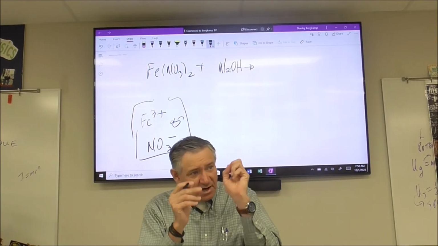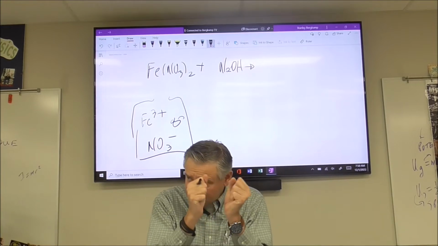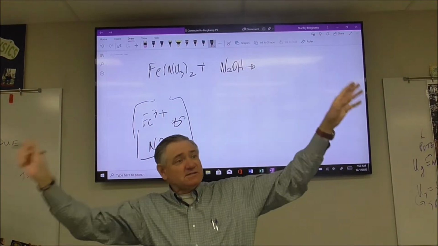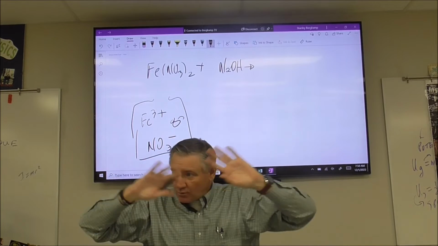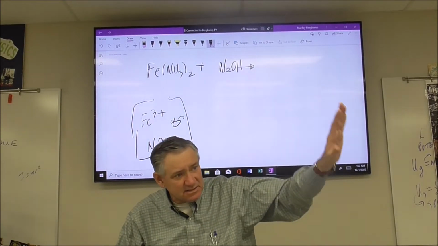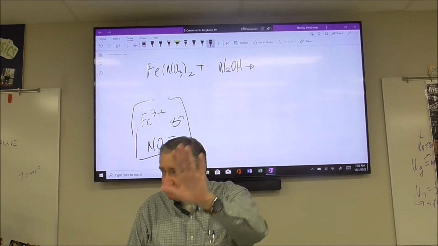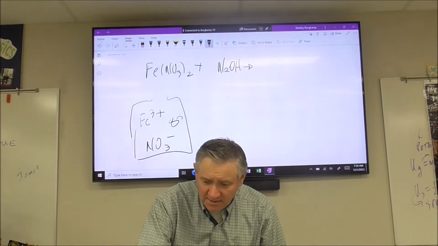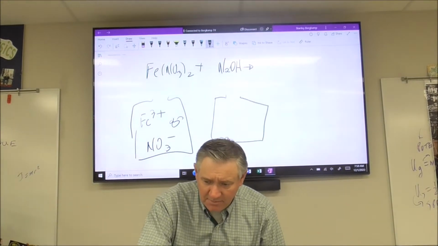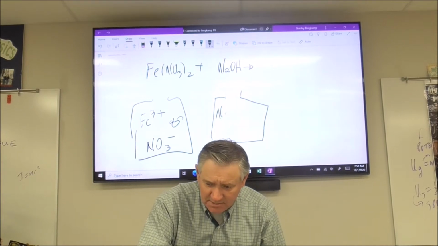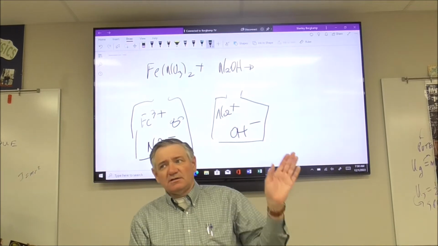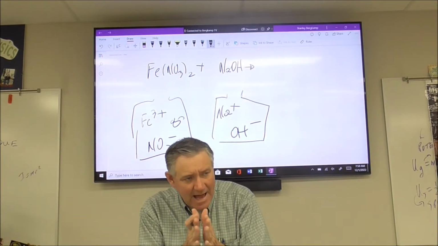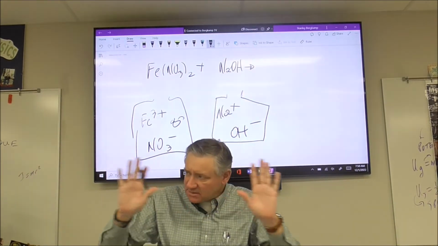So we went from that iron nitrate being bound together as a solid, to them basically getting ripped apart. And once they got ripped apart, it existed as iron ions and nitrate ions. Now, in the other bottle, you had the base, sodium hydroxide. So you had a bunch of sodium ions and a bunch of hydroxide ions. These had to exist as separate ions.